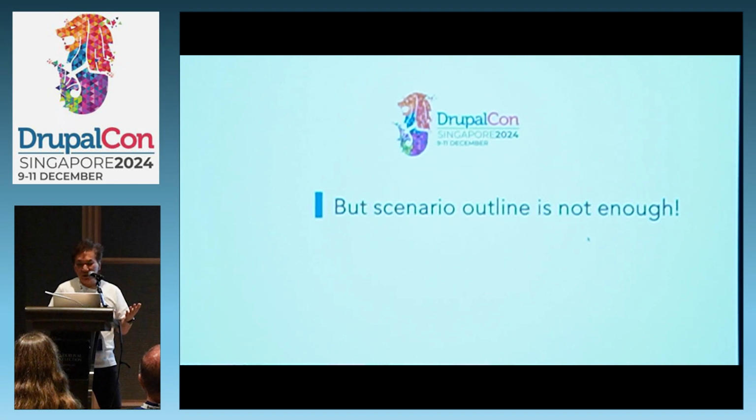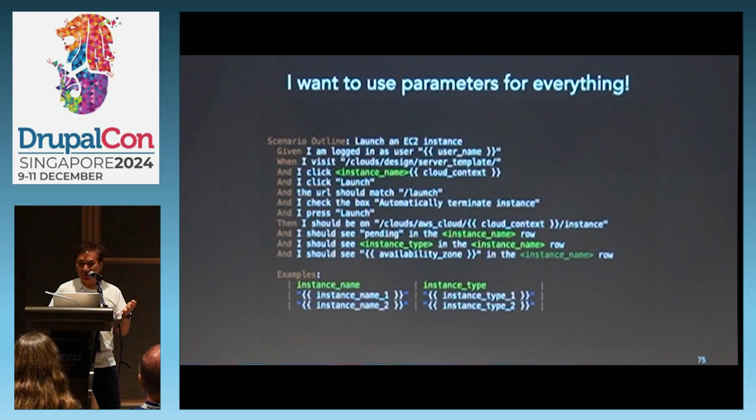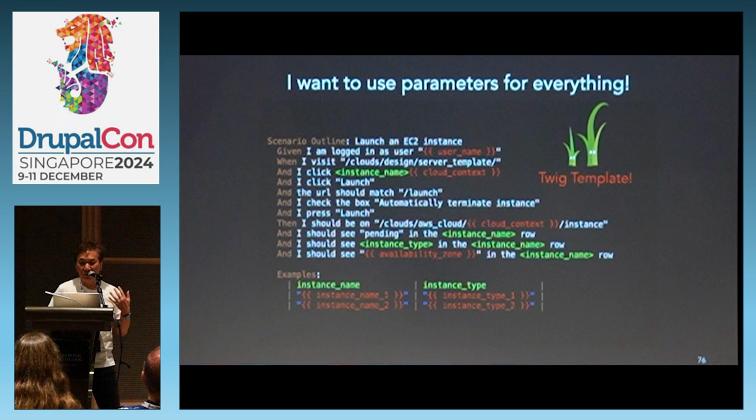In that case, can we publish our test scenario as open source on Drupal.org with the credentials? The answer is no. So we decided to develop a preprocessor of the test scenarios based on Twig templates.